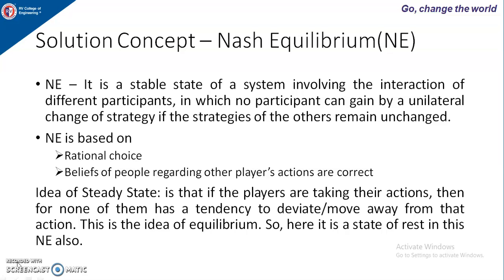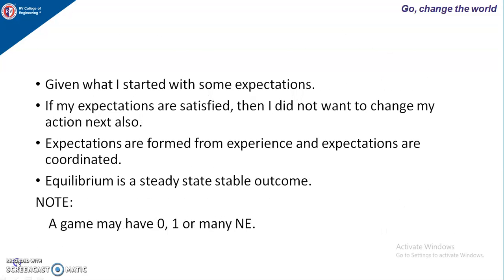So it is a state of rest. Given that I started with some expectations, if my expectations are satisfied, then I do not want to change my action next time also. Expectations are formed from experience and expectations are coordinated.